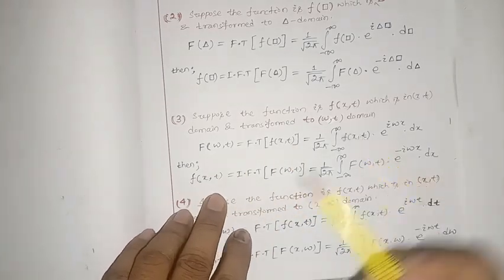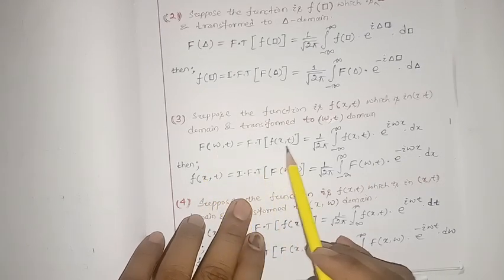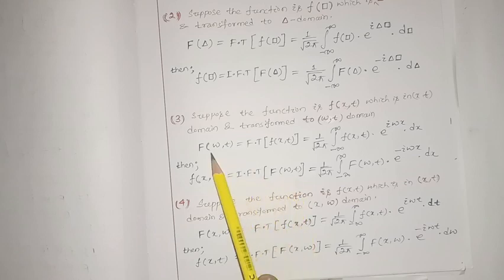Okay, likewise its inverse Fourier transform. If this is the Fourier transform of this function, then how are we going to write the inverse Fourier transform of this function?